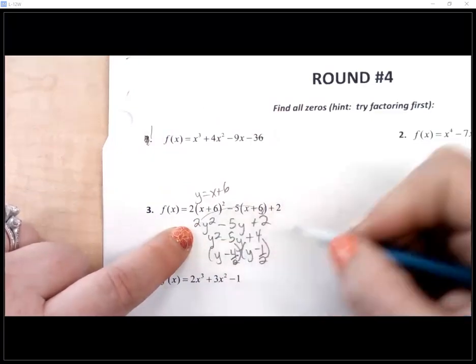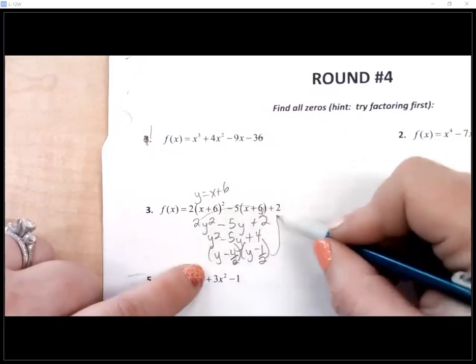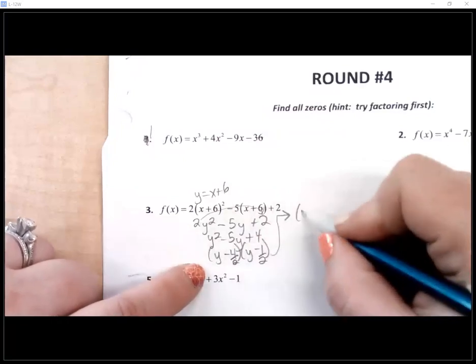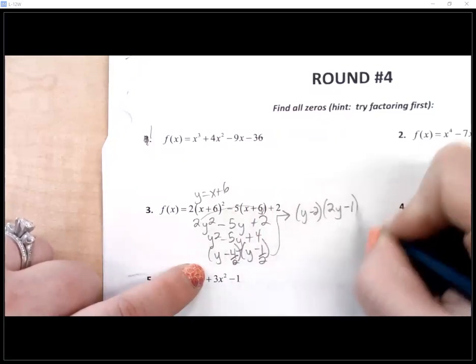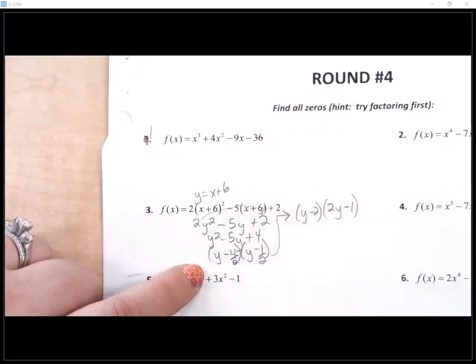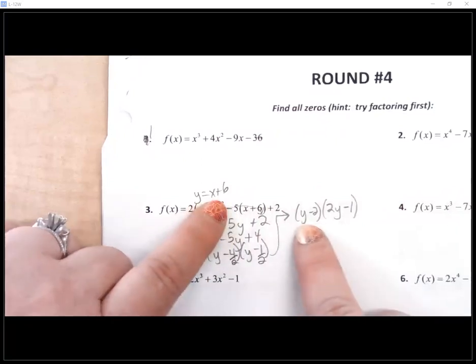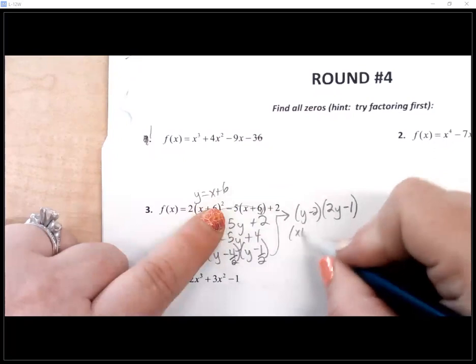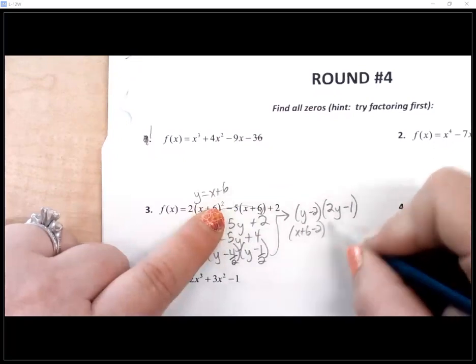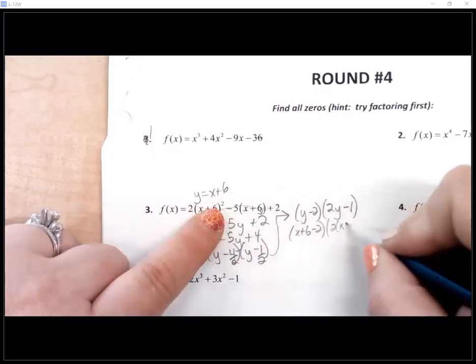So when I factor this, I've got y minus 2 and 2y minus 1. However, I didn't really have y's in the original, so now I got to sneak back in and replace the y's with x plus 6's. So I really have x plus 6 minus 2 and 2 times x plus 6 minus 1.